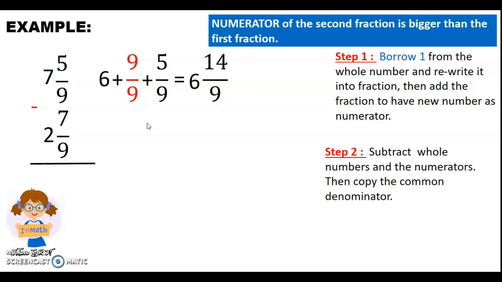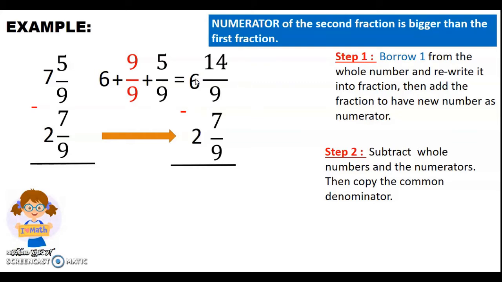Next, subtract the whole numbers and numerators, then copy the common denominator. So now we will move our other mixed number to be aligned here, and subtract the whole numbers and the numerators, then copy the common denominator. Our whole numbers here are 6 and 2.